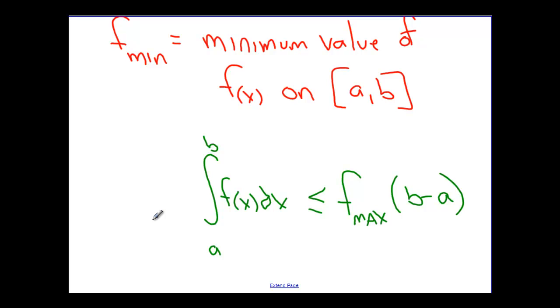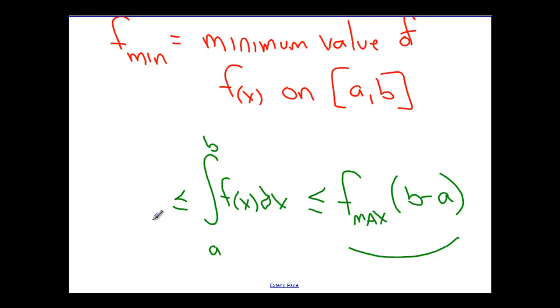So think about that. What that says is that f maximum is the maximum height, b minus a is the width of our interval. So this goes back to thinking about this in terms of rectangle areas. This is the largest rectangle possible here. Okay.